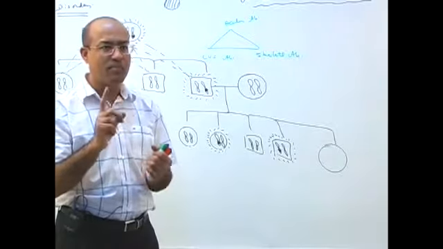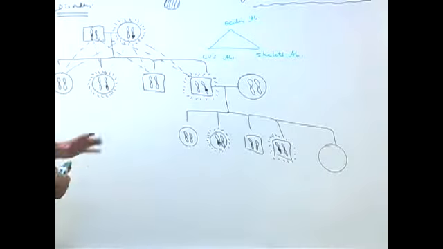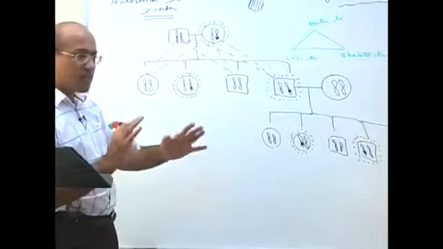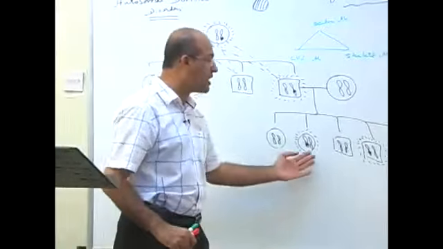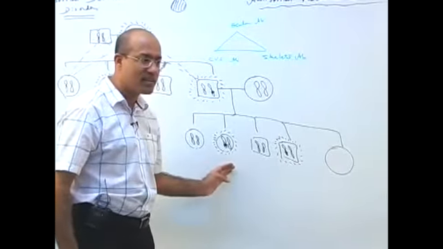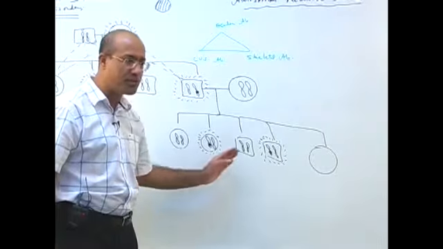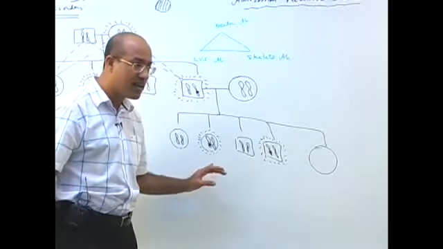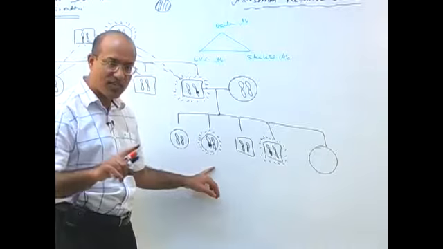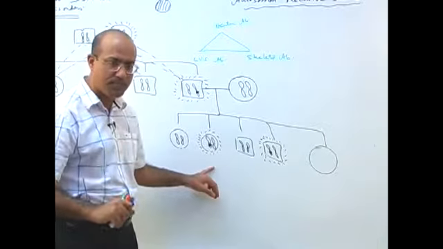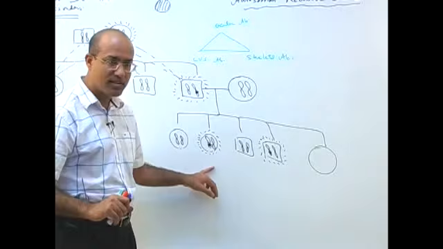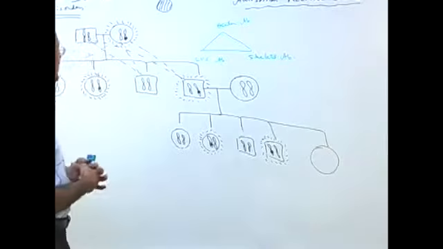Secondly, in these families, males and females both can be affected. In autosomal diseases, males and females both can be affected, almost in equal number. Thirdly, another very important thing.